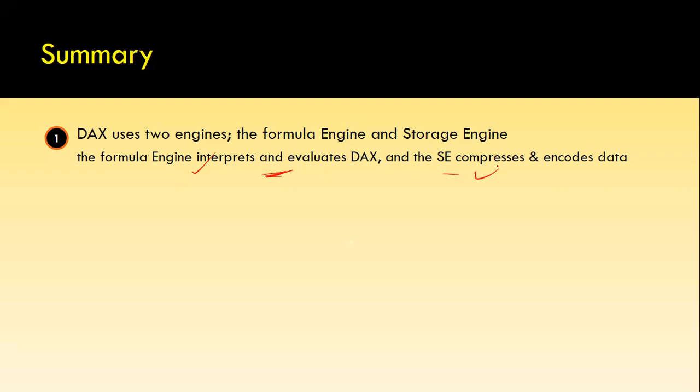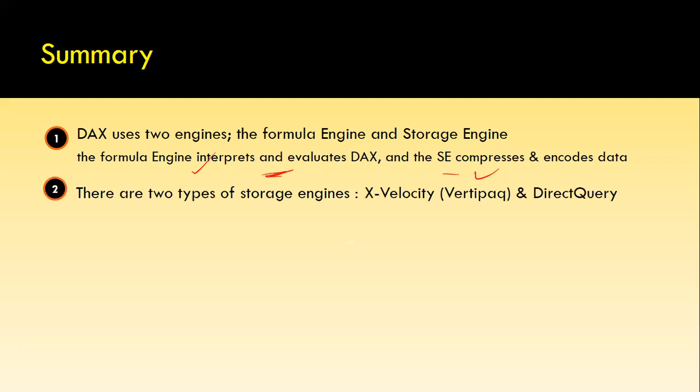The storage engine, importantly, compresses and encodes the data in the case of import connectivity mode. There are two types of storage engine: one is VertiPaq and the other is DirectQuery. Even in DirectQuery mode, the formula engine interprets and evaluates the DAX query, and then sends the request directly to your RDBMS server.